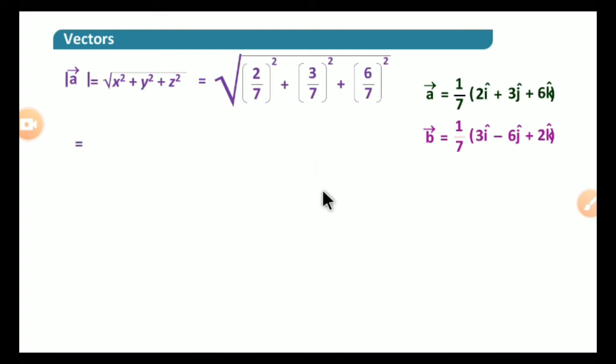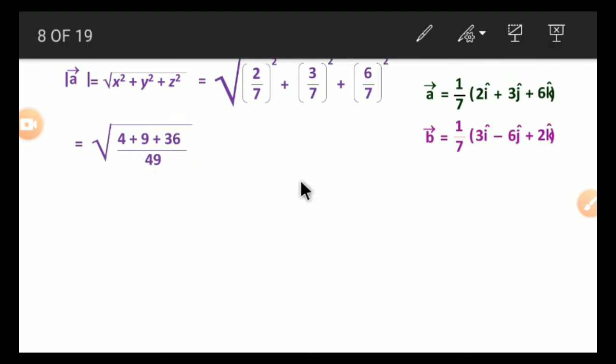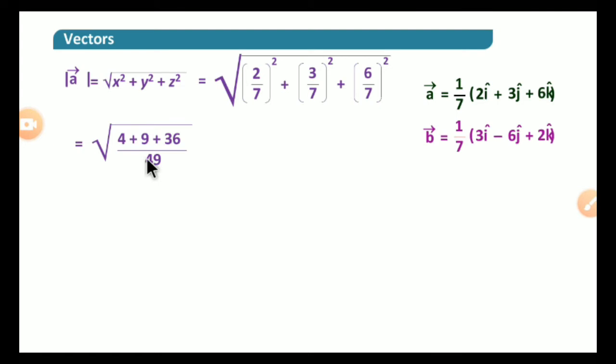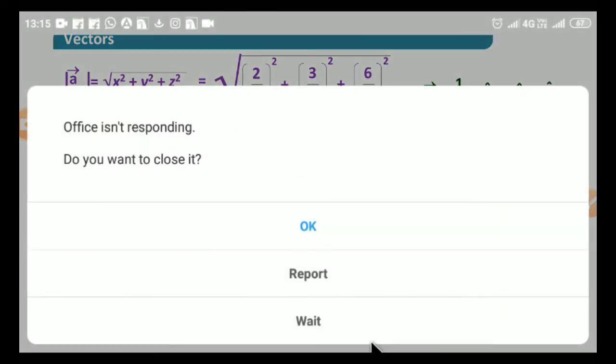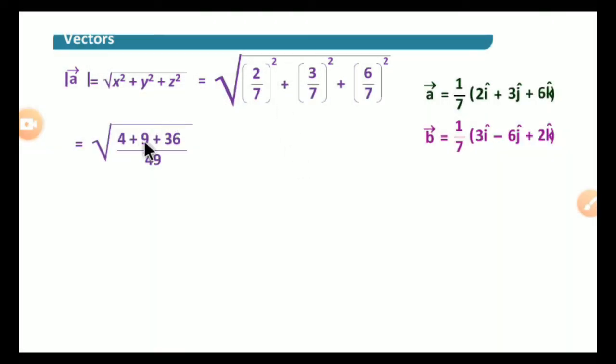Therefore, here the denominator is 7 squared in all three terms, so after adding, the LCM is 7 squared, that is 49 in the denominator, and in the numerator 2 squared is 4, 3 squared is 9 and 6 squared is 36.